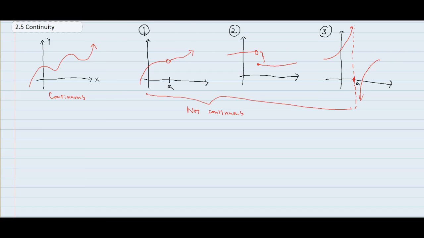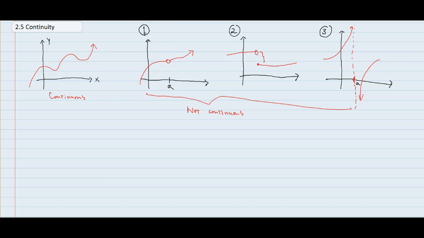At x equals a, the function value is not defined. So f of a is not defined. So notice that right off the bat, number 1 and number 3, you can conclude that this is definitely discontinuous.